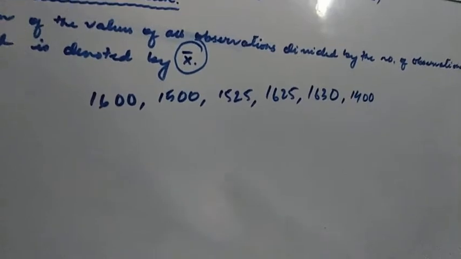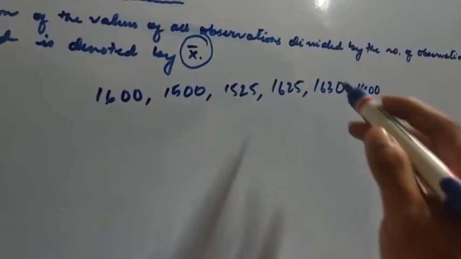So these are the monthly incomes of 6 families.